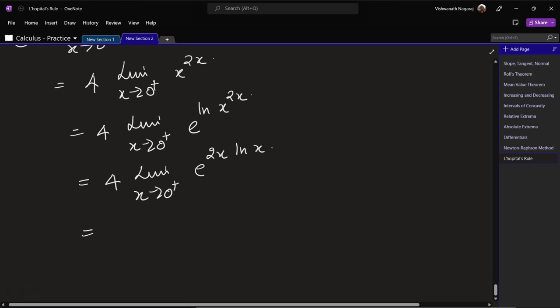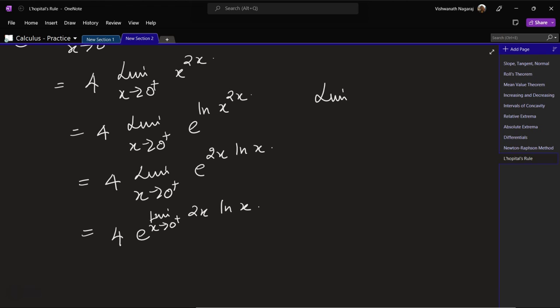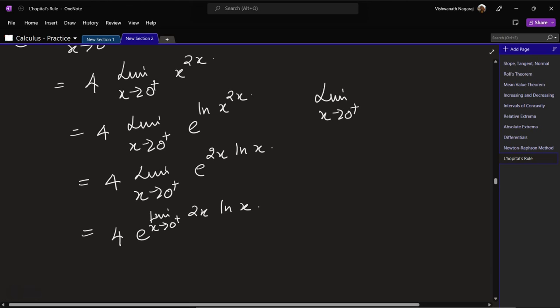And now we can take the limit inward. So e to the power of the limit as x approaches 0 from the positive side of 2x natural log of x. So we figure out this limit and put it in the exponent. Limit as x approaches 0 from the positive side of 2x natural log of x. Do direct substitution, what do we get?